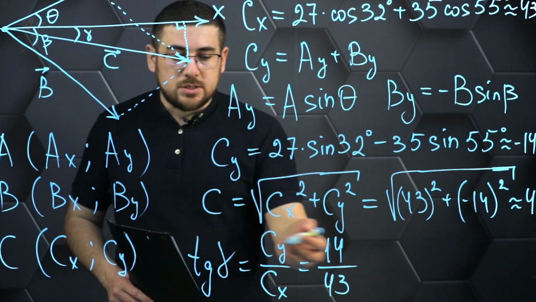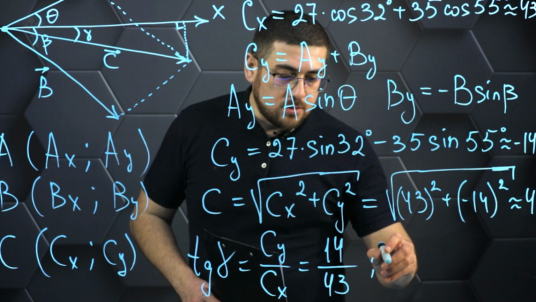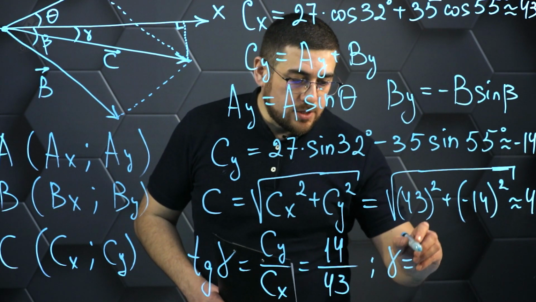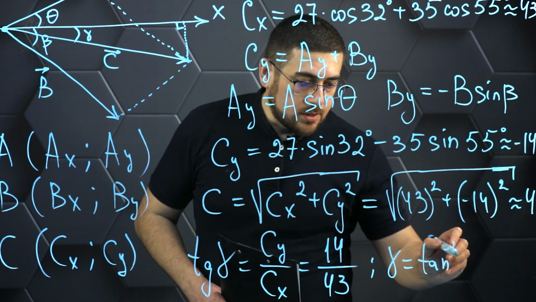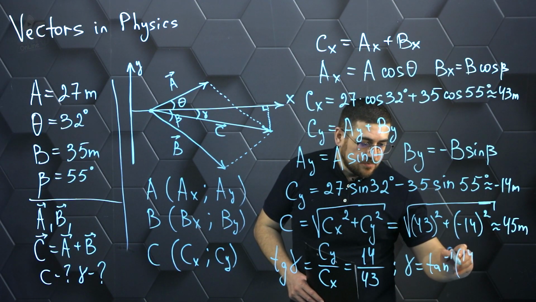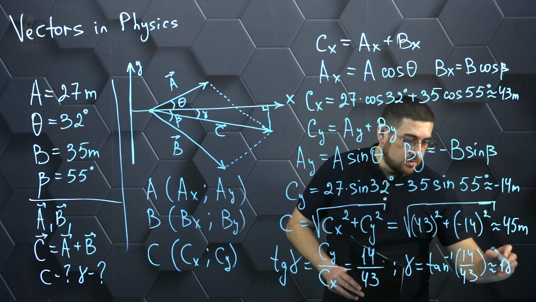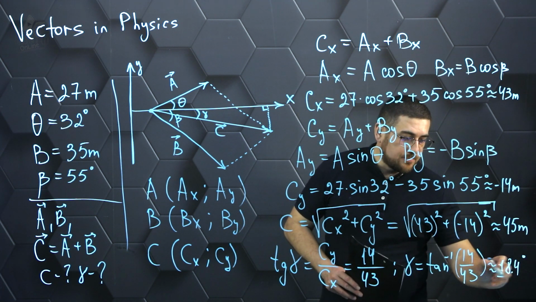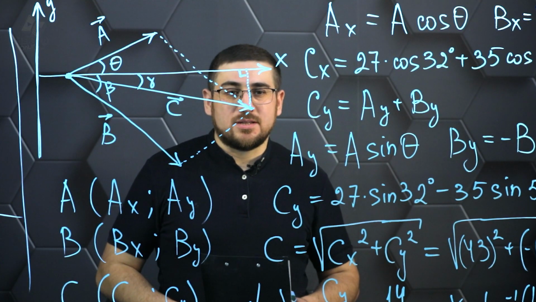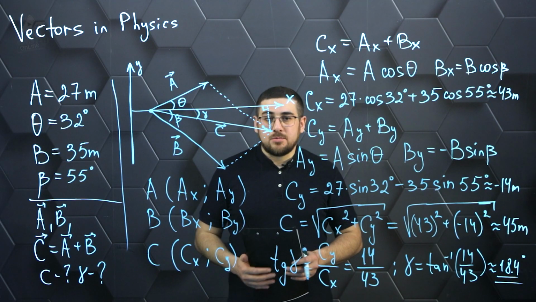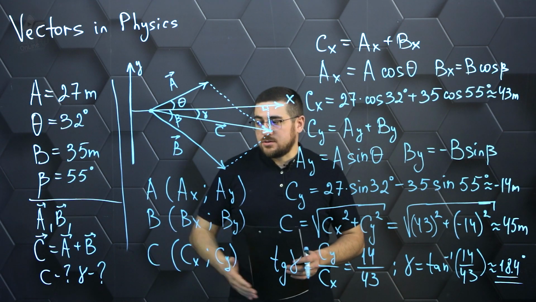Thus we have obtained the value of the tangent of this angle, and of course the angle itself will then be defined as the arctangent of this ratio, which is approximately 18.4 degrees.